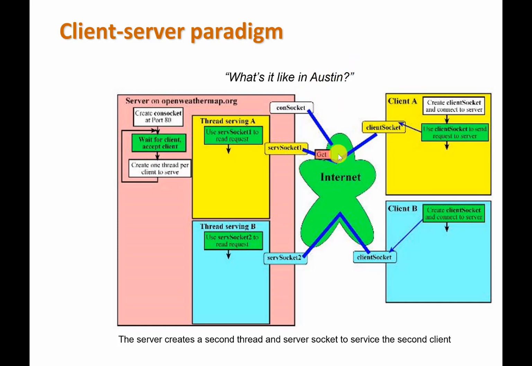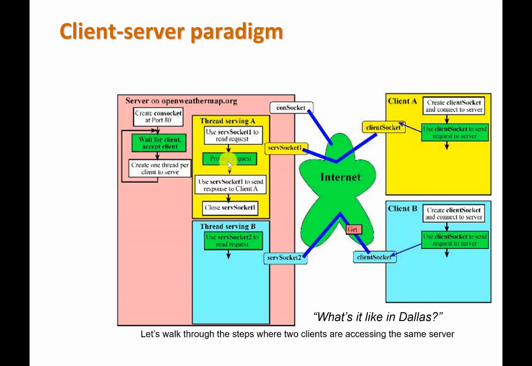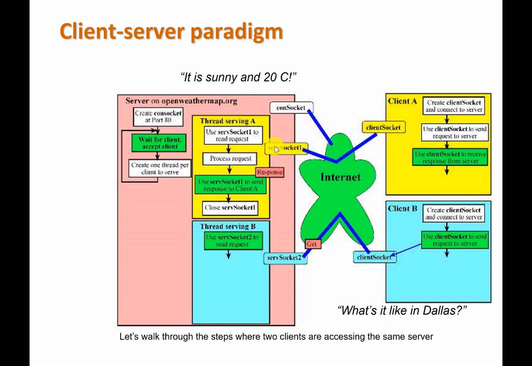That request will go through this connected socket system, and over here you can see B wants to know what the weather is too. The server will process that request, look up the weather in Austin, and then send back the response.